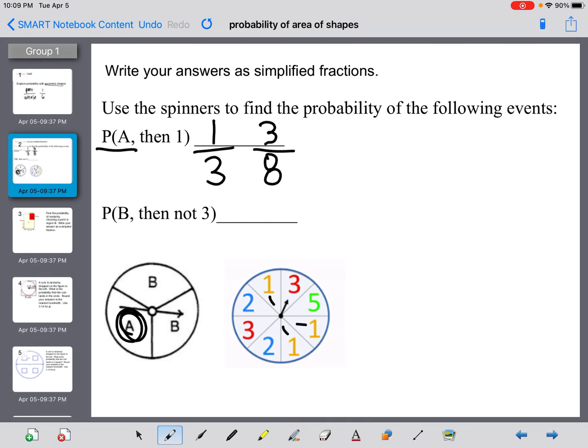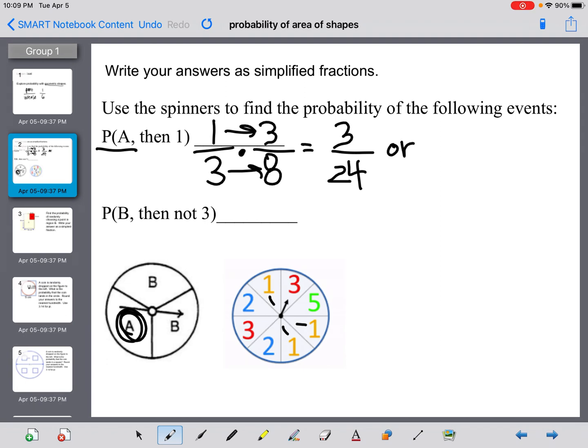And then we had that question that said, what do you do if you do probability twice in the same problem? Oh, you multiply. How do you multiply fractions? Straight across. So we have a 3 in 24 chance of getting an A and then a 1.